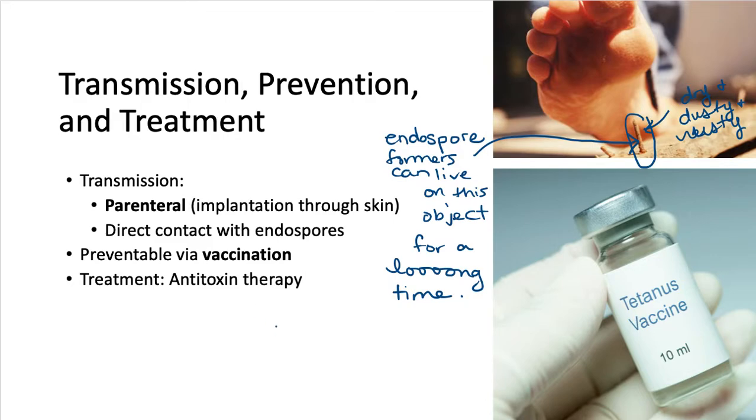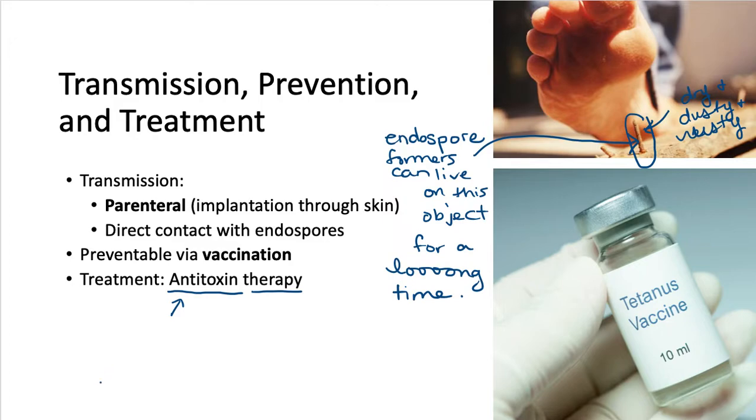And just like with Clostridium botulinum, since the effect is through a toxin that's produced after the microbe has grown, antibiotics will be less effective, whereas antitoxin therapy can treat the infection if it's already gotten to the toxin production stage.